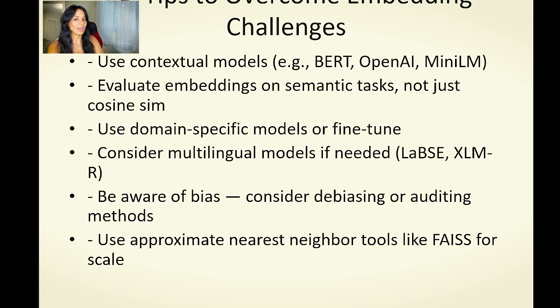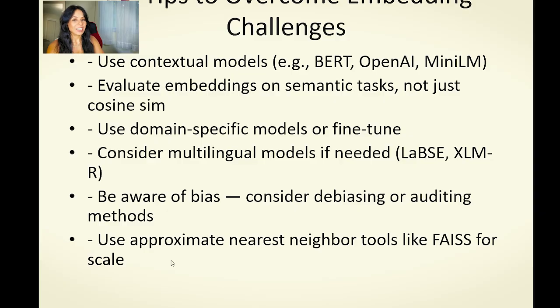Try to look at other similarity functions. Fine-tune the model and embeddings for your domain, and use multilingual models if you need to support more than one language. And for scale, indexing is really important. That's going to make the search efficient.